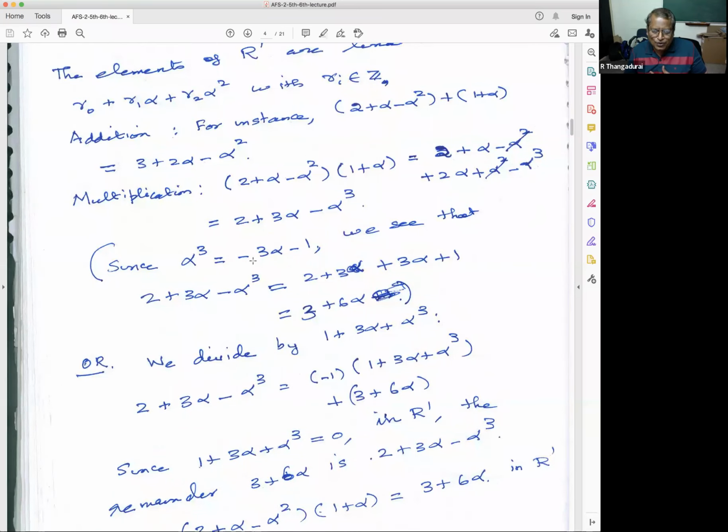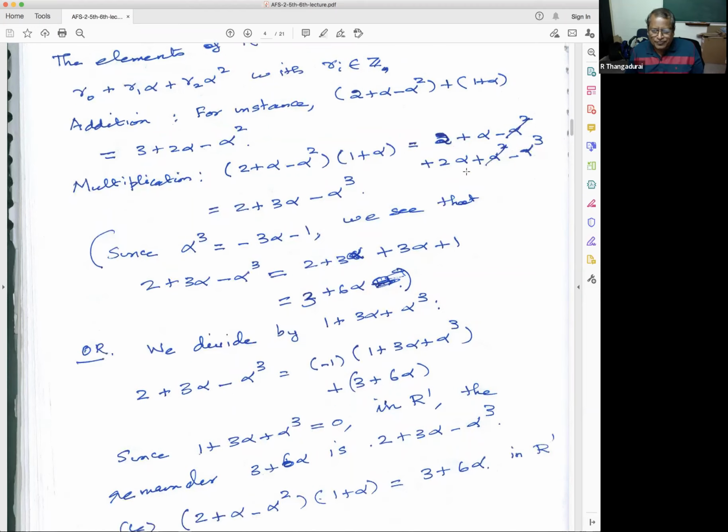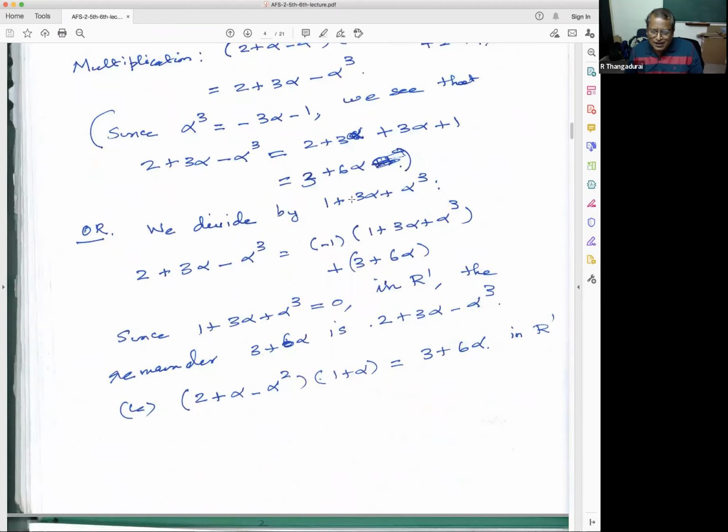Alpha cube equals minus 3 alpha minus 1. So wherever alpha cube comes, you replace it by minus 3 alpha minus 1 in that multiplication. Then it reduces to just the 1, alpha, alpha square relation. In the other way, you just divide by 1 plus 3 alpha plus alpha cube.